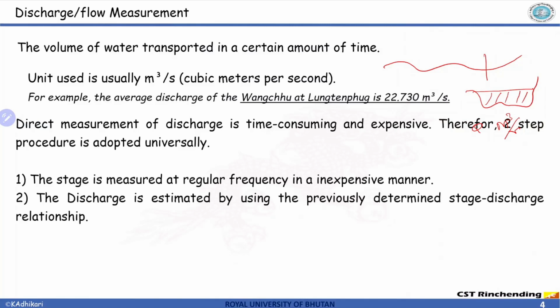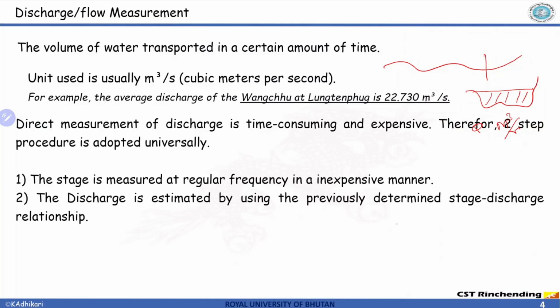So if we want discharge data at a very small frequency, for instance 5 minutes or 10 minutes, going to the site and estimating discharge would take half a day. So it's an expensive plus time consuming business, and moreover we may not even get discharge at that frequency.